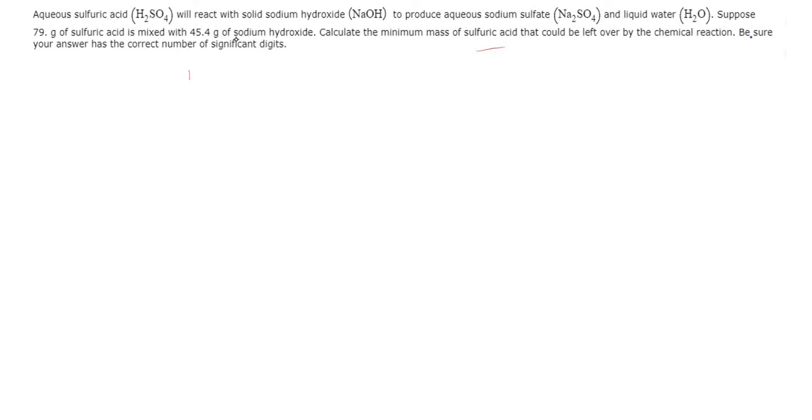So I have sulfuric acid, H2SO4, plus sodium hydroxide, NaOH, and that is going to then yield the salt, Na2SO4, plus the water. Okay, write the reaction and then make sure you balance things.